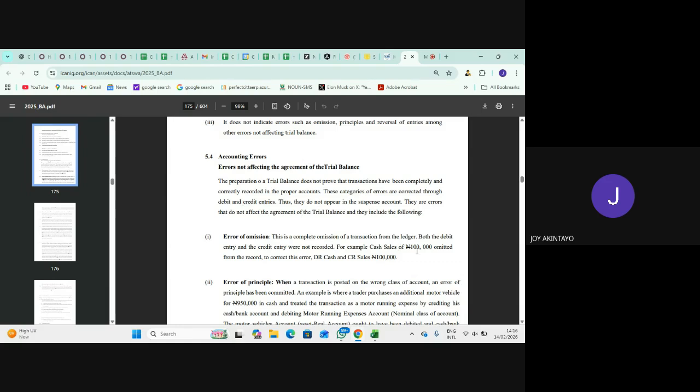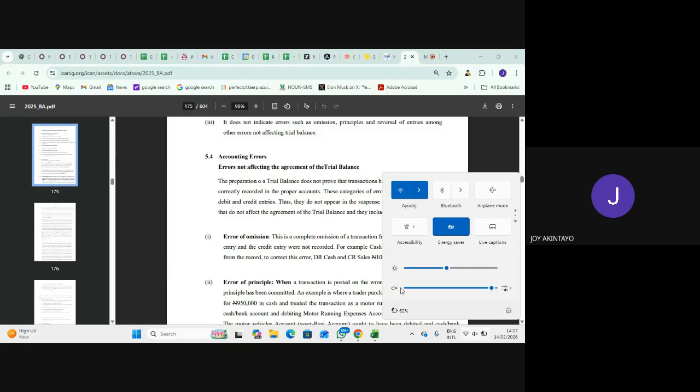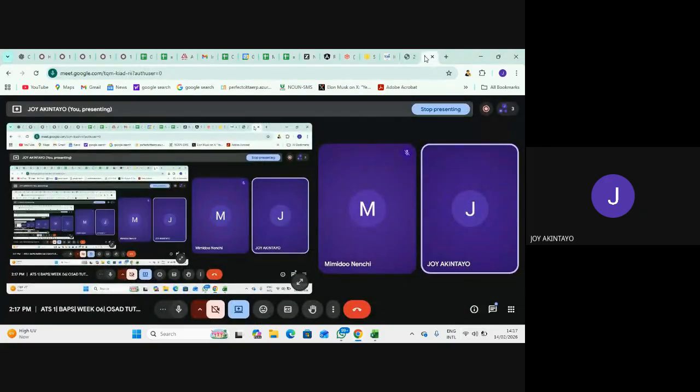So how do we treat this? Can you tell me the treatment of this? How do you treat cash sales? We've done the posting into the ledger, yes or no? And we know the account that needs to be debited and the account that needs to be credited. So how do you treat this? I need your response.